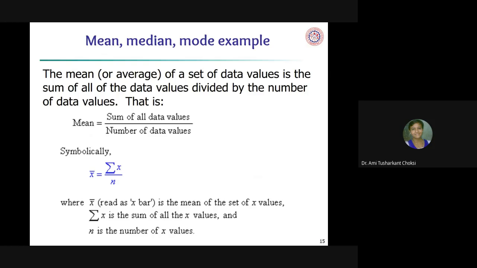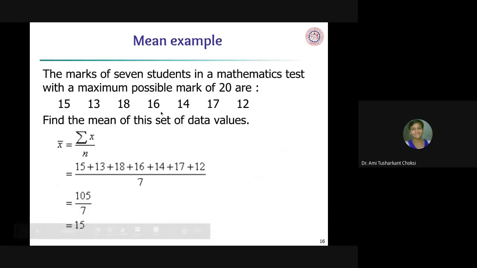So let us see the example of mean, mode, and median, as typically these examples are asked in the paper. And for applying data mining algorithms, we need to have these things. Fine. Okay. So let us see mean. We know that it is sigma x upon n, right? Say the example data given here is 15, 13, 18, 16, 14, 17, 12.